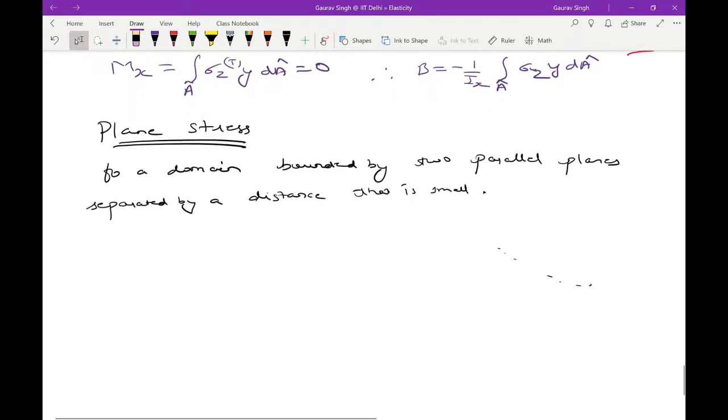So we have a domain which is bounded by two parallel planes.